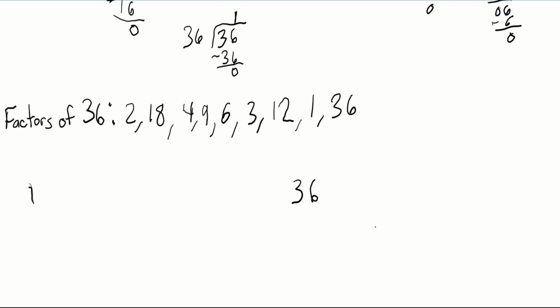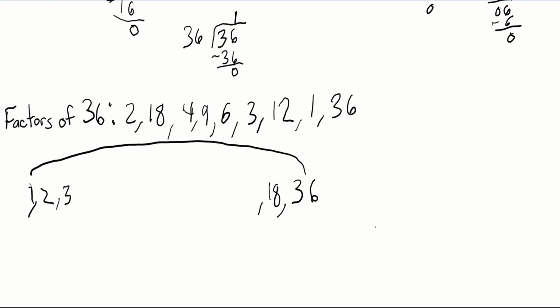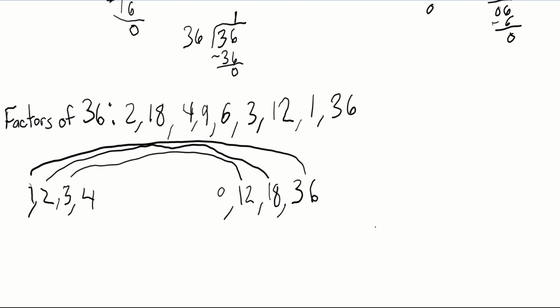And to keep these pairs organized, we can link them with an arc like this. 2 and 18. 3 and 12. 4 and 9. And 6.